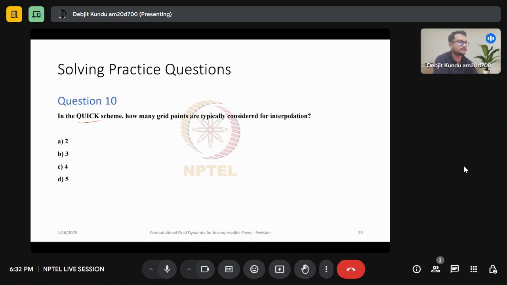So, a quick reminder of the QUICK scheme. The full form of it is quadratic upwind interpolation for convective kinematics, or convective kinetics.